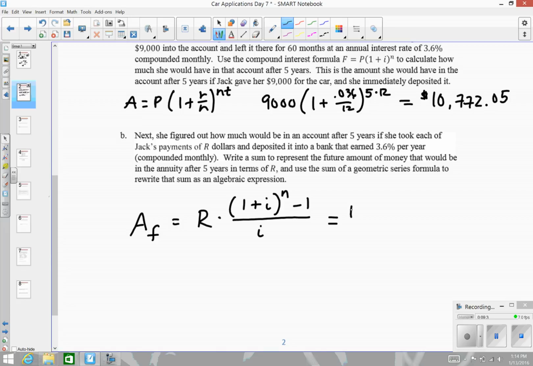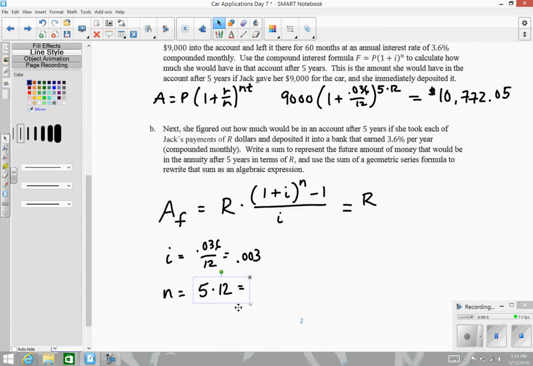So this would be equal to R times 1 plus I. Now don't forget my I is equal to 0.036 over 12, or 0.003. My N is equal to 5 years times 12 months each year, or 60.